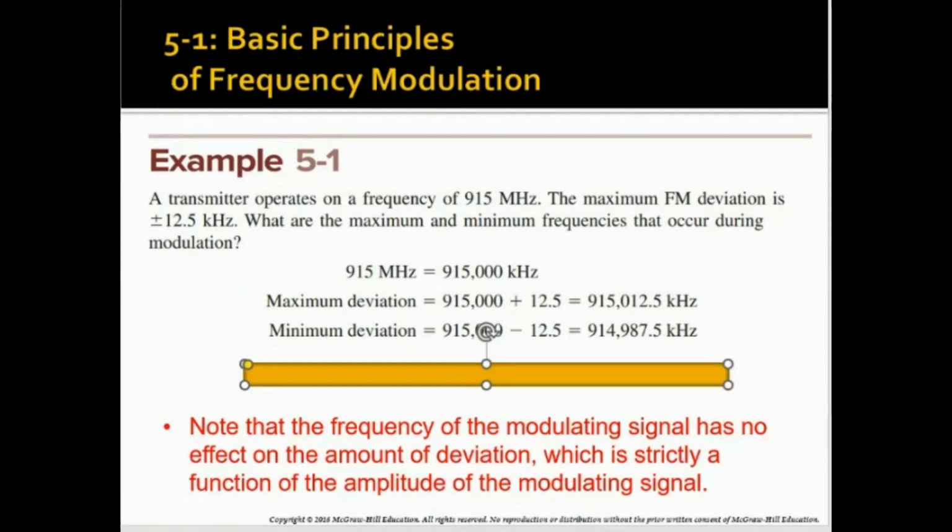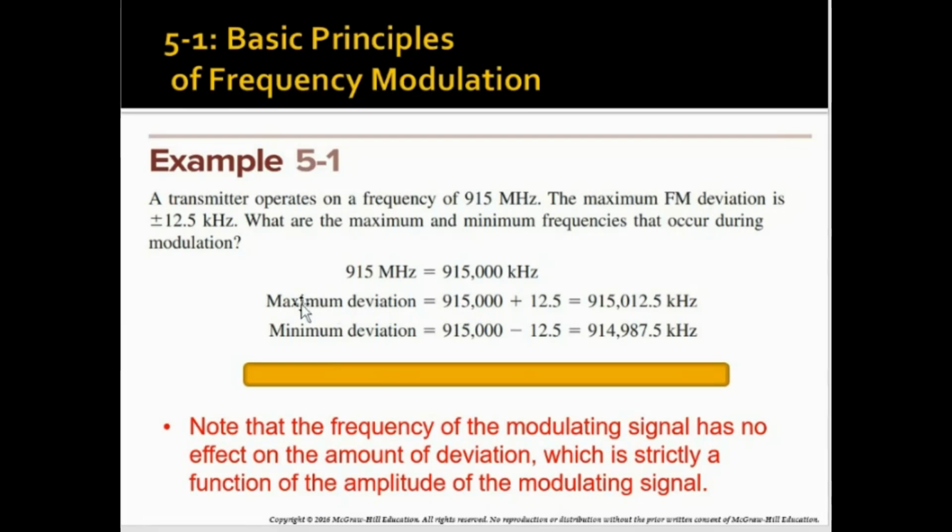So we have 915 megahertz. We can convert this to kilohertz to be easier to combine with our deviation range. So we have 915,000 kilohertz.